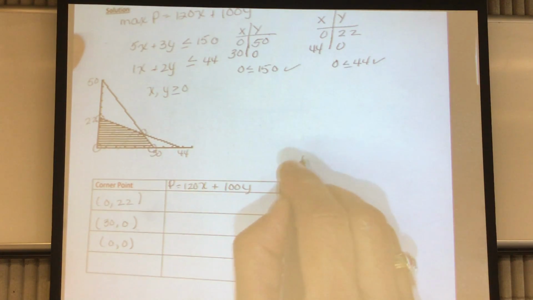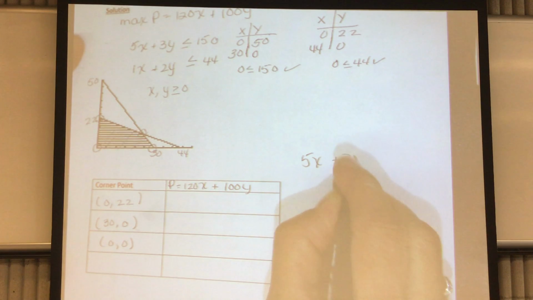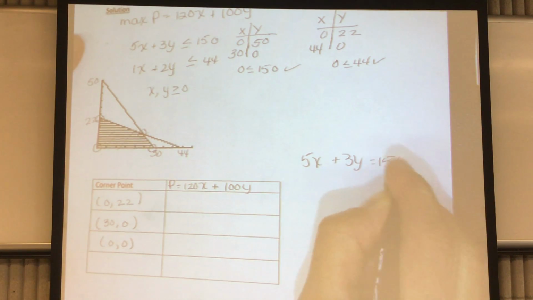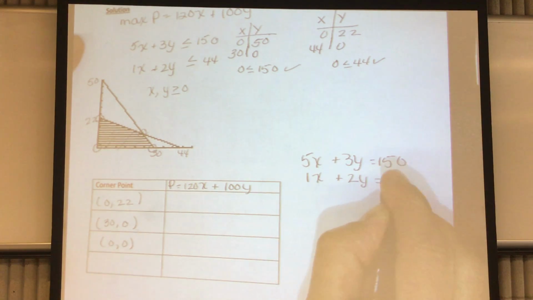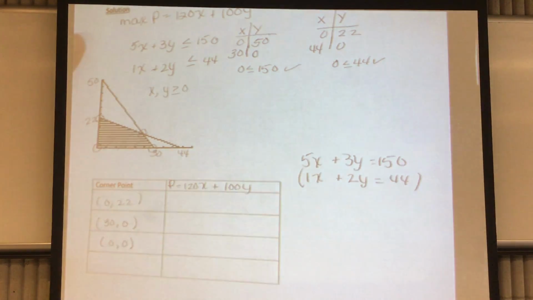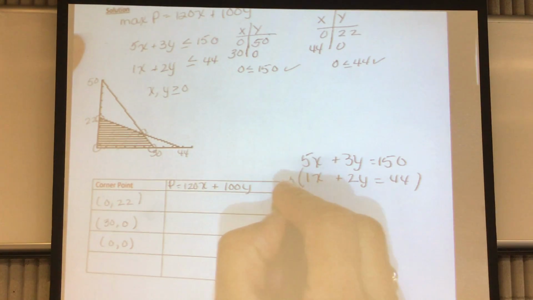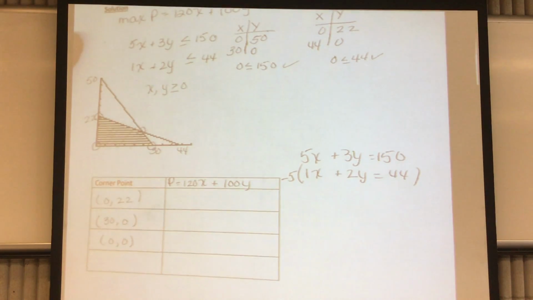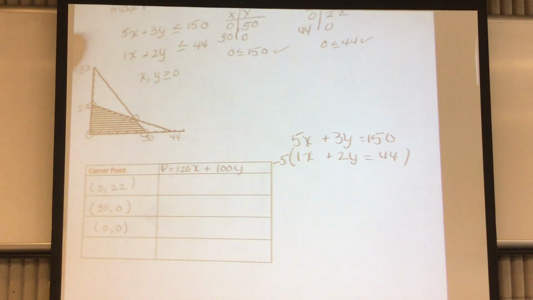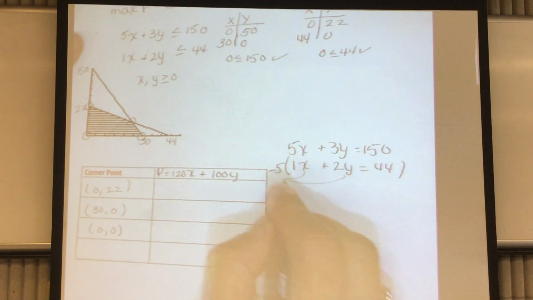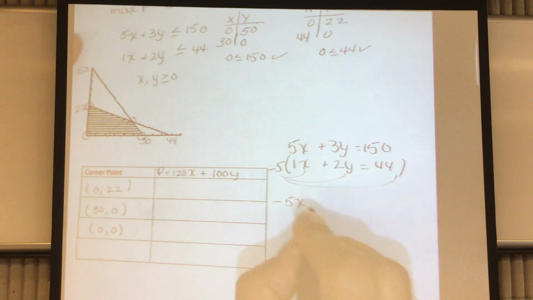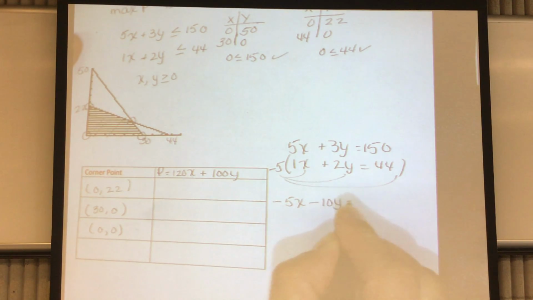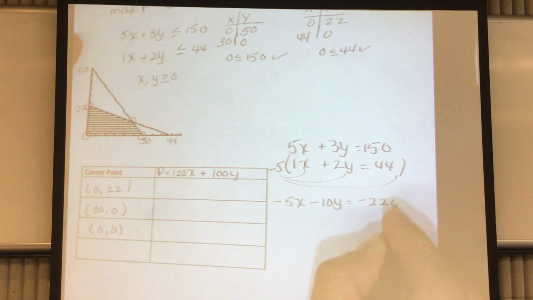So we have 5x plus 3y is equal to 150, and 1x plus 2y is equal to 44. So I'm going to multiply that second equation by -5 so I can cancel out my x term. So let's multiply all terms by -5. I have -5x minus 10y is equal to -220.